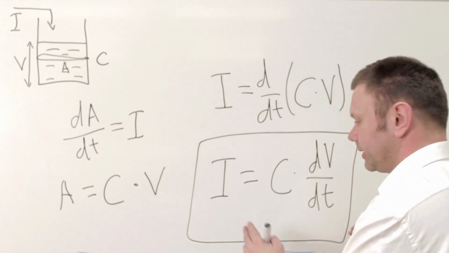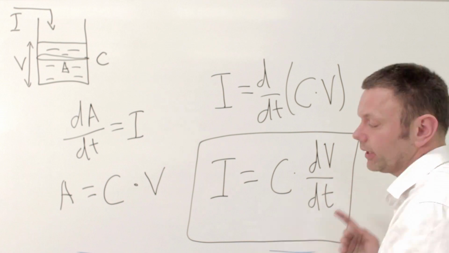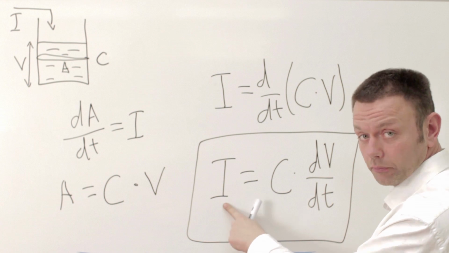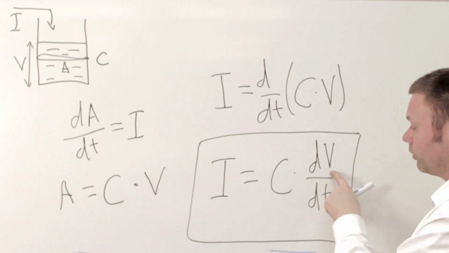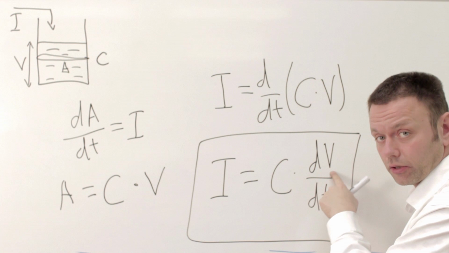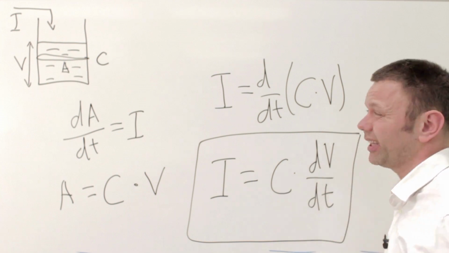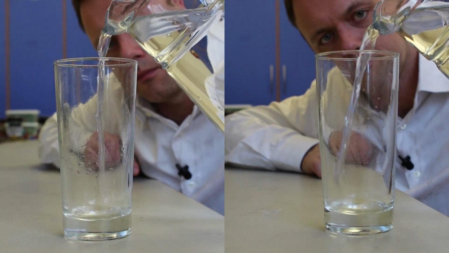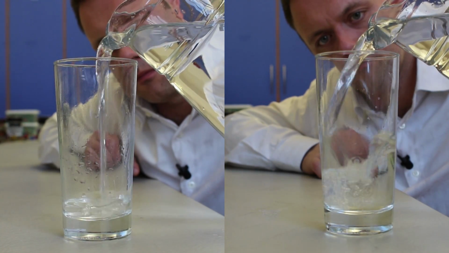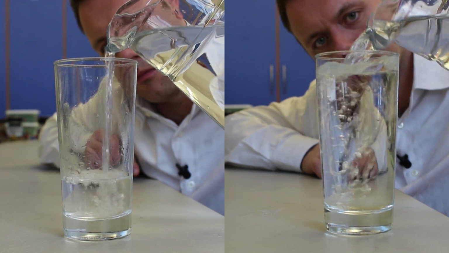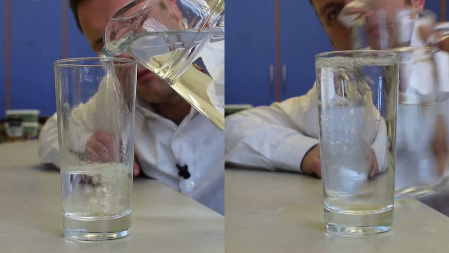So if we observe this equation a little bit more closely, we can see that, for example, the greater is the current of charge coming into the plates of the capacitor, the greater will be rate of change of the voltage across the plates of the capacitor. And very similar kind of behavior we have in a case of the glass being filled with water. The bigger is the inflow of liquid into the glass, the faster is the height of the liquid changing.